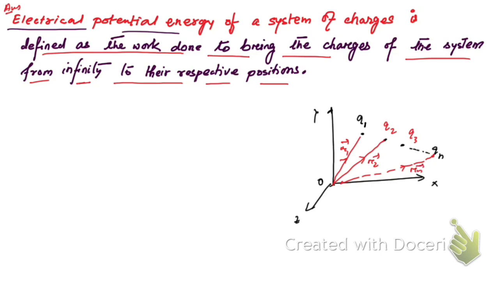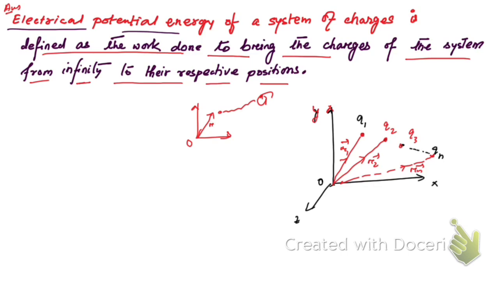So now you see, we are going to bring these charges from infinity one by one, right? Initially we have this situation only. This is the origin, and there is no charge, right? First we have to bring q1 from infinity to the position represented by the position vector r1.